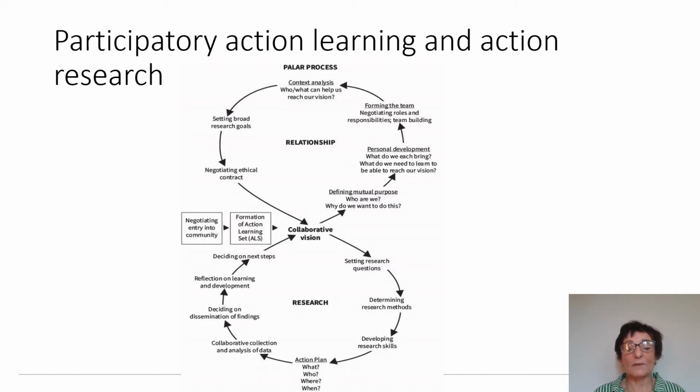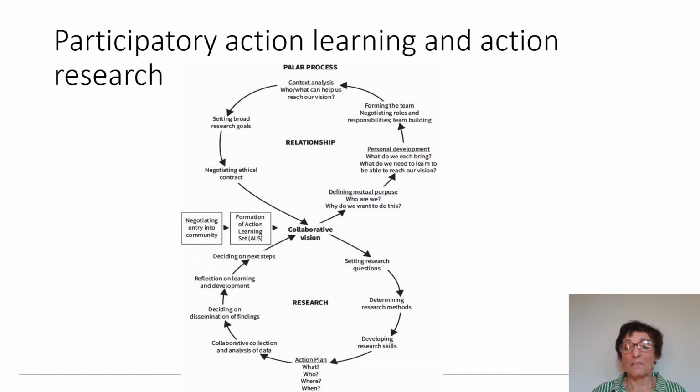Okay, so this may look quite confusing to you. Action research is usually in cycles, but in PALAR we decided to put it into figure 8 because the relationship component, which is the upper bit of the figure 8, and the research component, which is the lower portion, happen simultaneously.